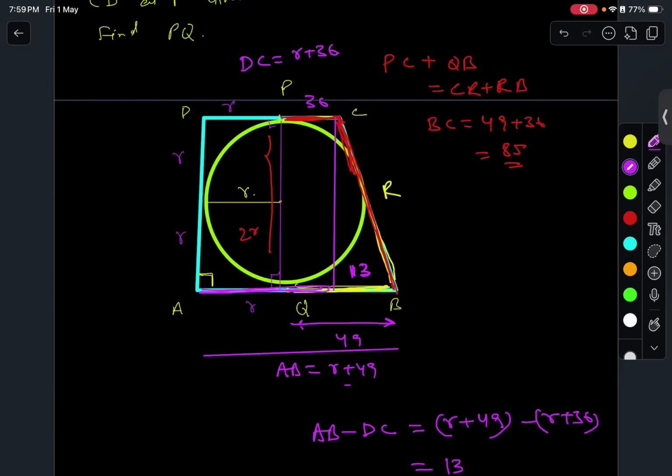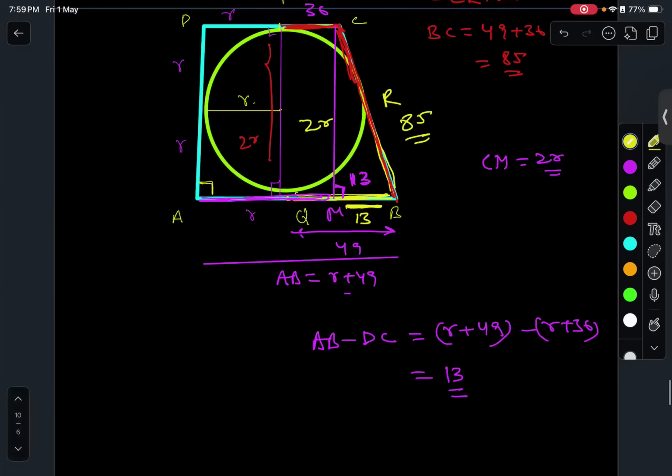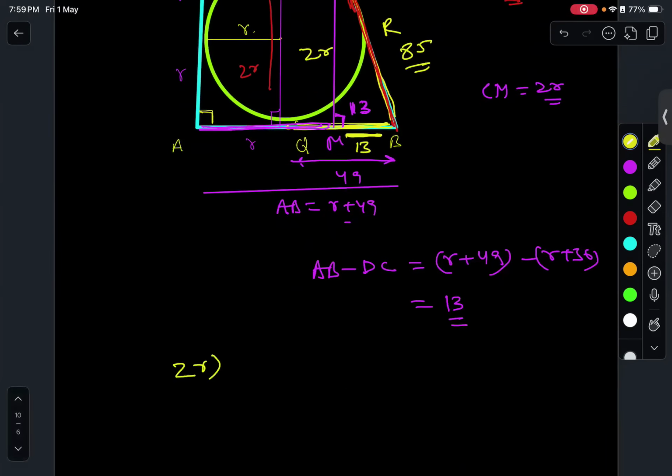And this length means C, and let this be M. So it will become a rectangle, 36 and 2R, and this is 90 degrees also. So this is 13, this is 2R, and this is 85. Now I can say by Pythagoras, 2R the whole square plus 13 square is equal to 85 square.